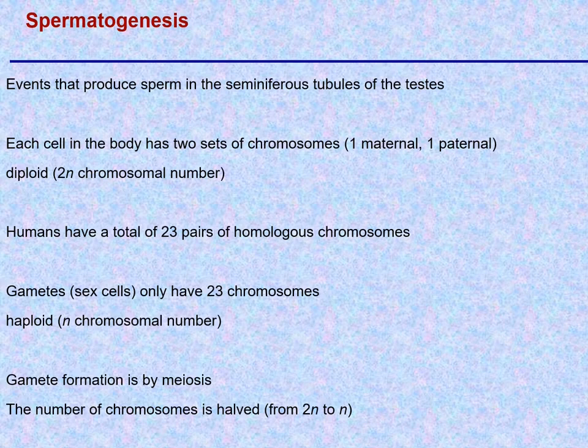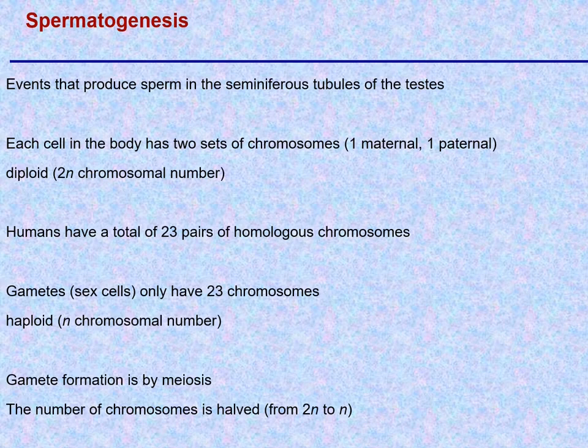Every cell in the body, and this applies to males and females, has 23 pairs of chromosomes. The 23 chromosomes are called homologous chromosomes because you have one copy of each one from your mother and one copy of each chromosome from your father.